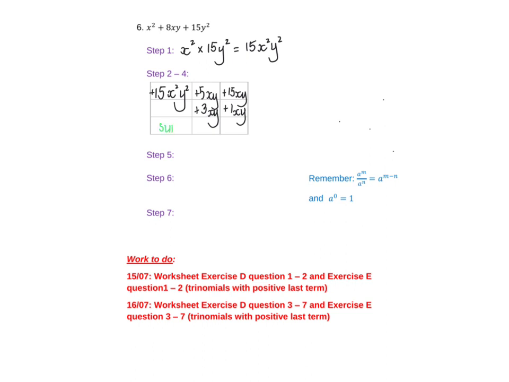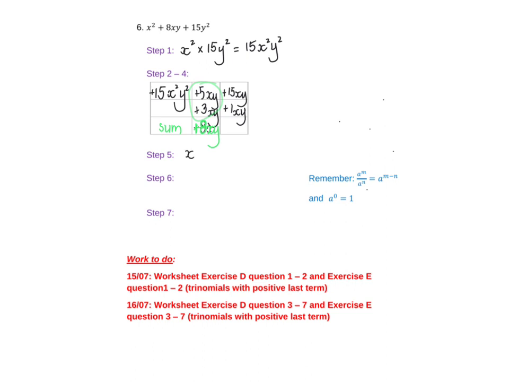Now for the sum, if I add together the 5xy and the 3xy, that gives me positive 8xy. And then you will see that that is in our exact middle term, 8xy. And therefore I proceed to highlighting that or making it visible in some way. These are the values I'm going to work with.